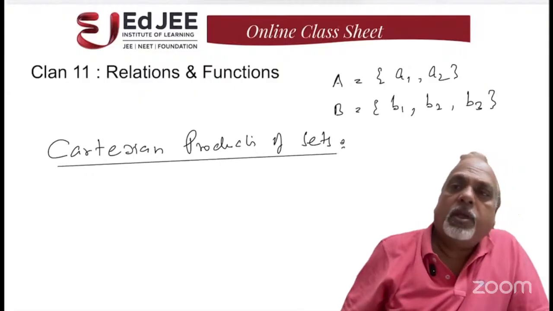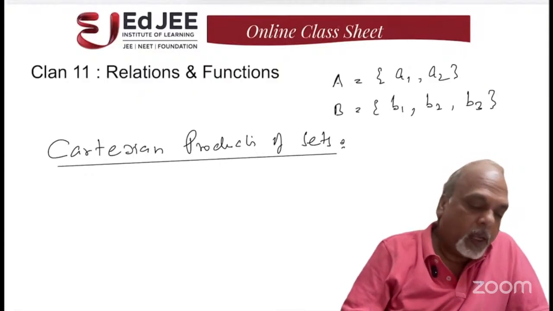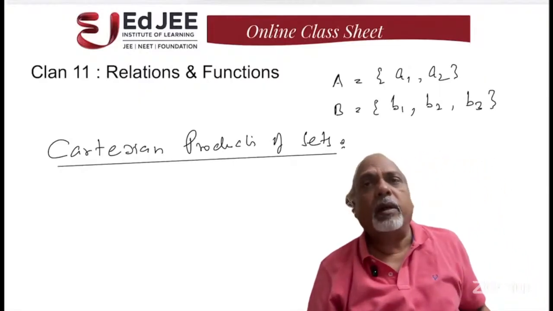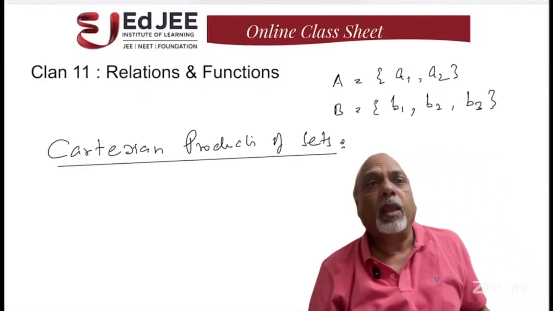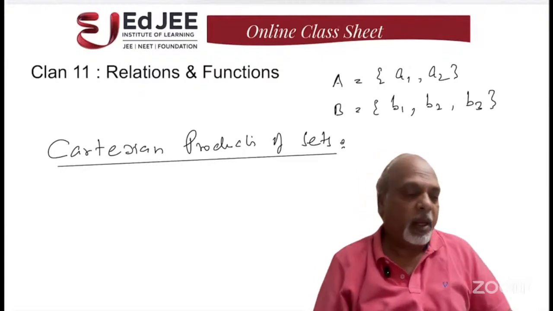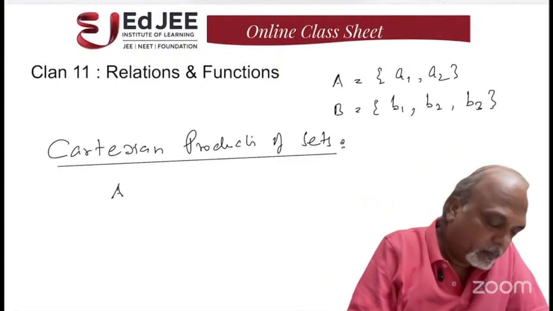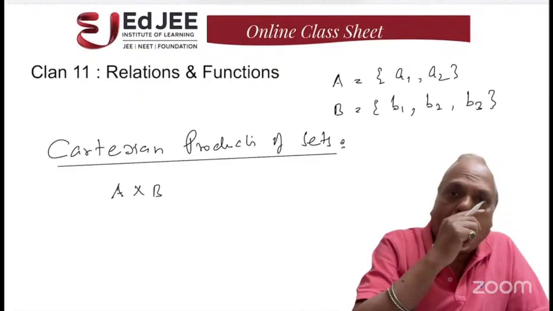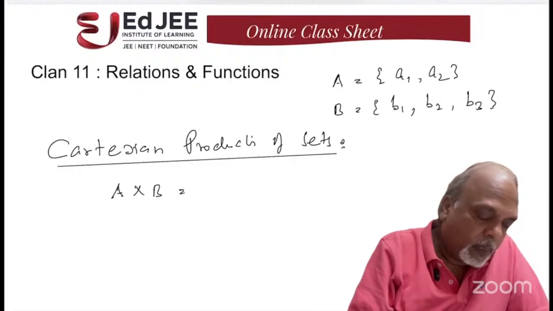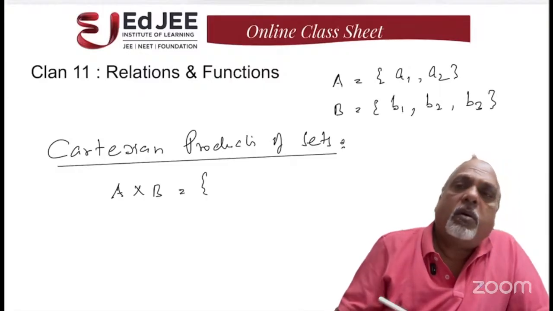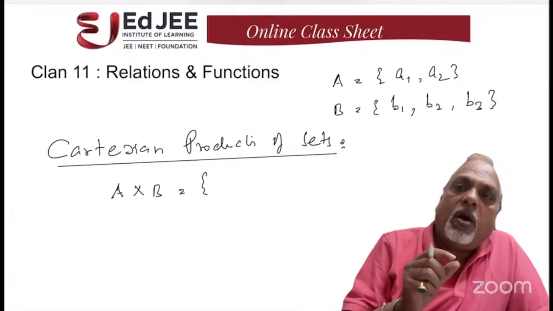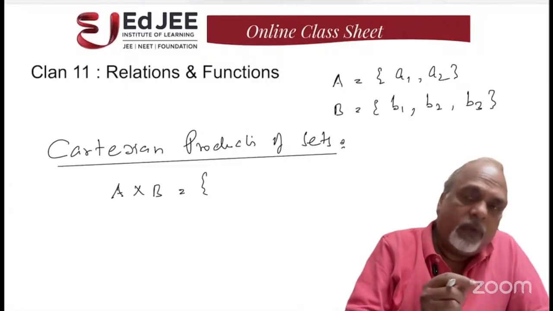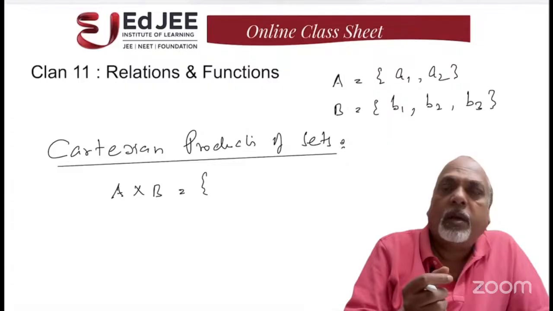Now as the name suggest ये प्रोडक्ट है. तो अगर हमें इन दोनों सेट्स का प्रोडक्ट बनाना है, प्रोडक्ट इन द सेंस A into B, this is Cartesian product. Then we have to make the ordered pairs of the elements of set A and set B like this.